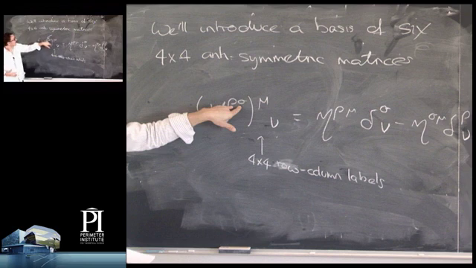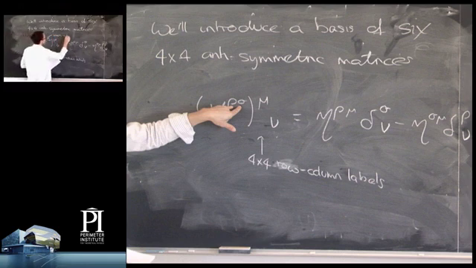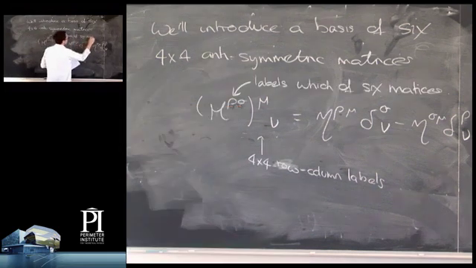But it's anti-symmetric in rho and sigma, which you can see here: say rho is 1 and sigma is 2, I get a 1, 2, and a 2, 1. But that's exactly the same matrix up to a minus sign as 2, 1. Okay? So this labels which of the 6 matrices I'm interested in.